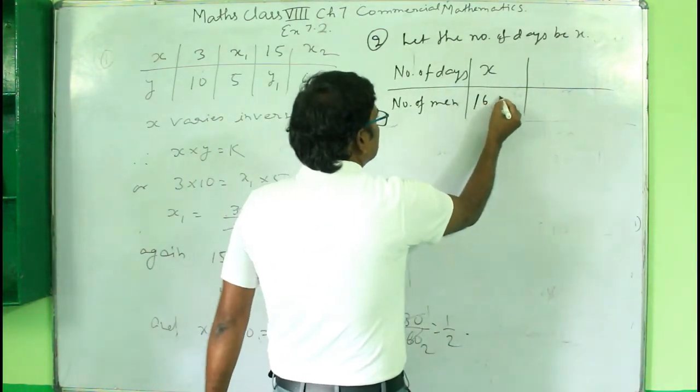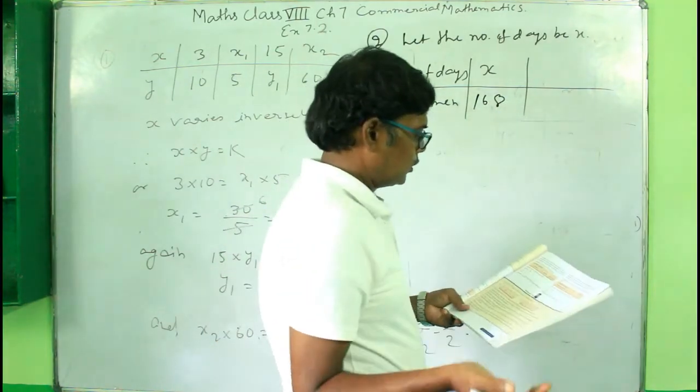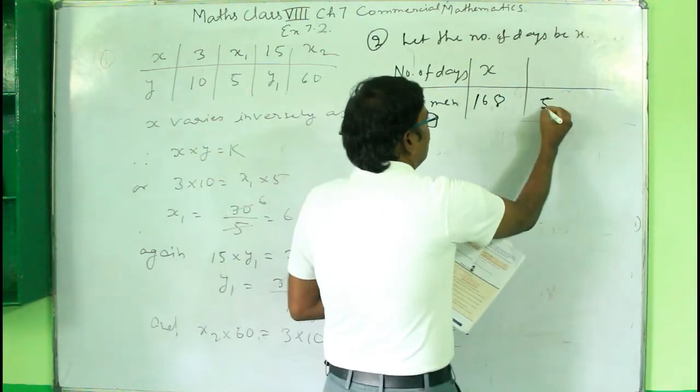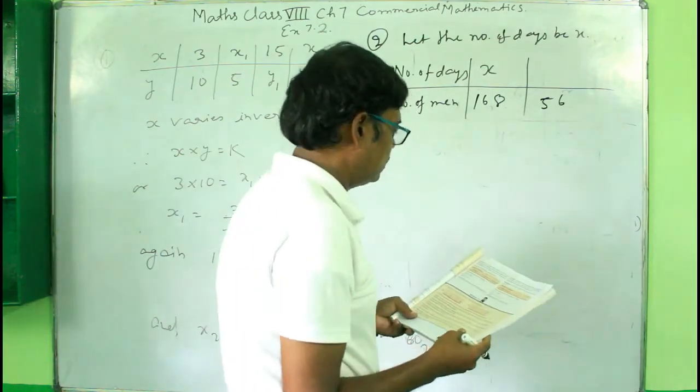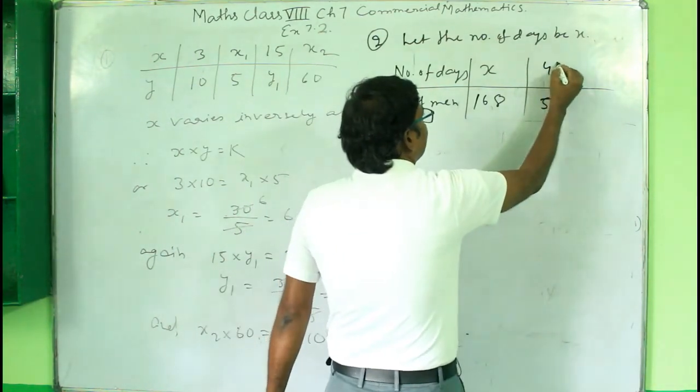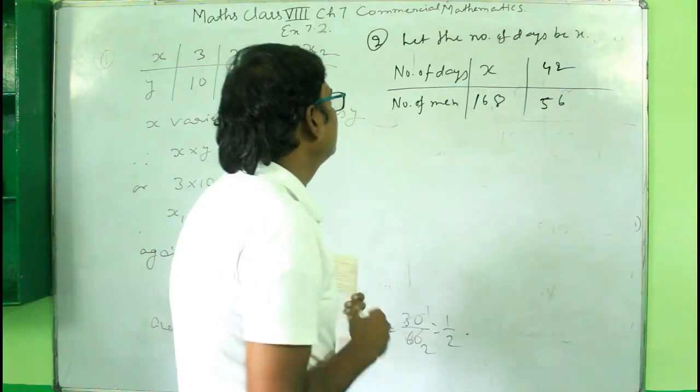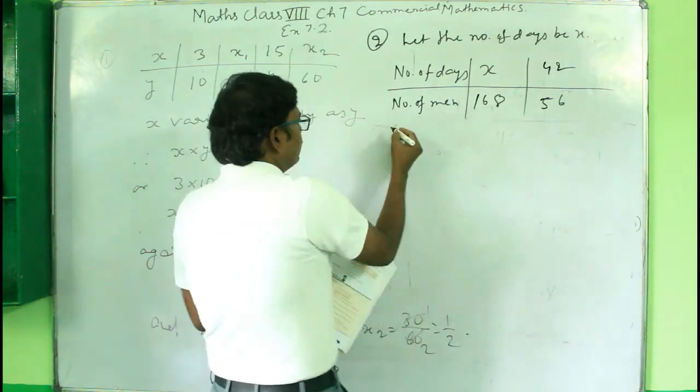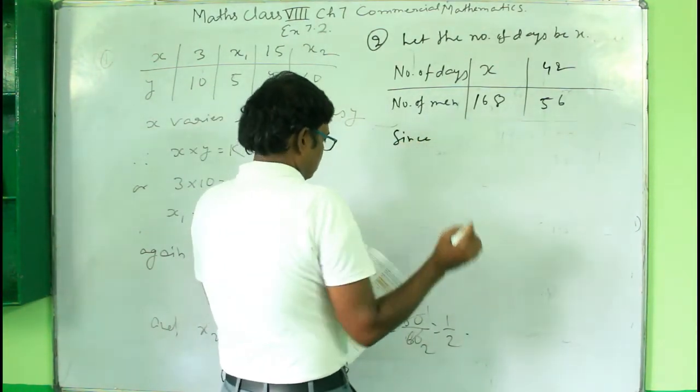Okay, so it is 168 here, and the condition is 56 men. And 56 men can paint in 42 days. So this is the table.